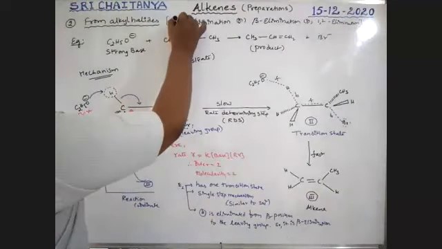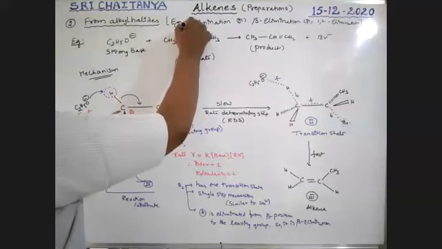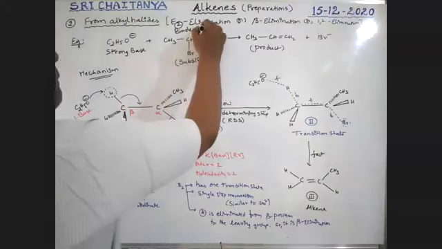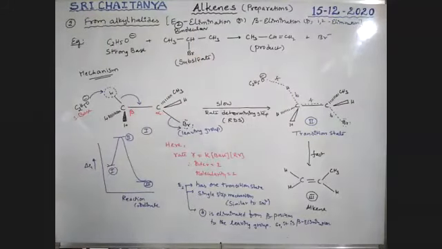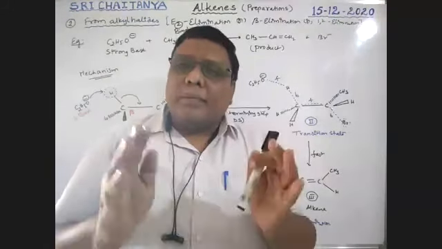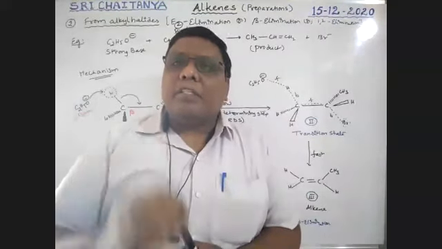Bimolecular elimination reaction means that the molecularity of this reaction is 2. And what is molecularity? That is the number of molecules participating in the rate determining step of the mechanism.